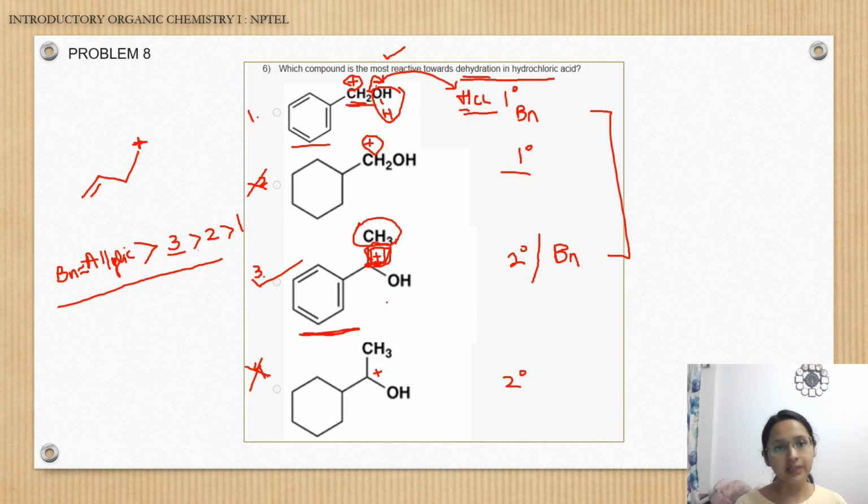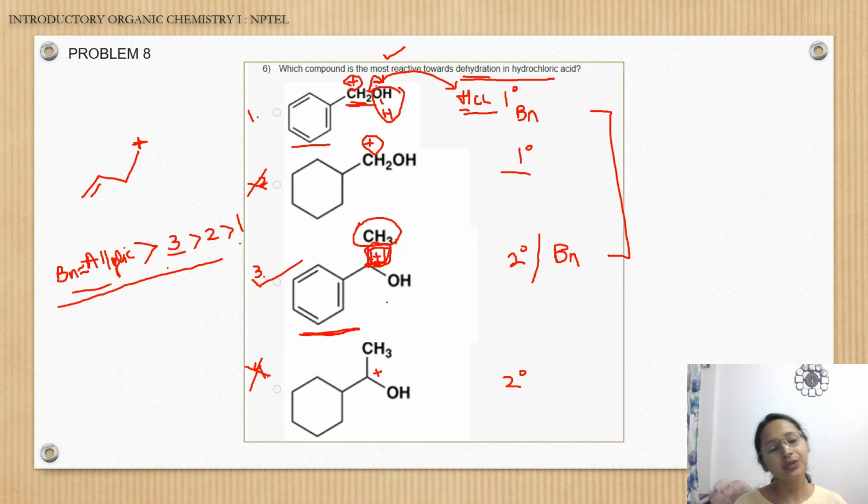Based on inductive effect and the hyperconjugation effect. So here also the similar line is there. There are more hyperconjugation structures present in the benzylic form rather than the tertiary, secondary, and primary. So for that you need to write the hyperconjugation structures.